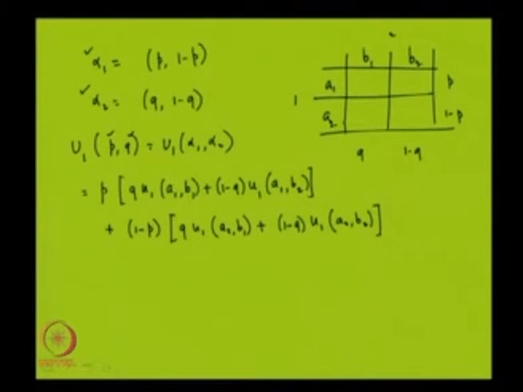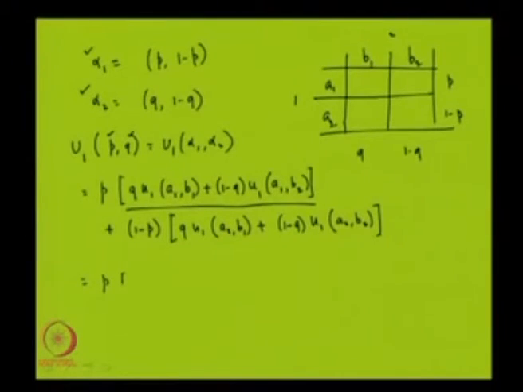Now, if I look at the expression in the third square bracket, what is this? This is giving me the expected payoff to player 1 if he plays the action A1.